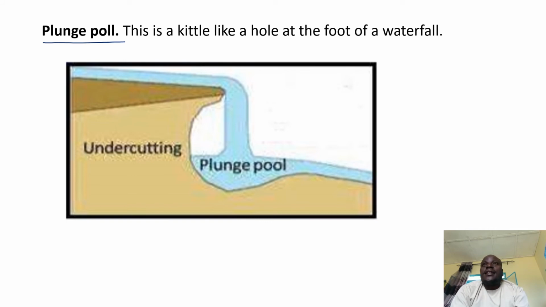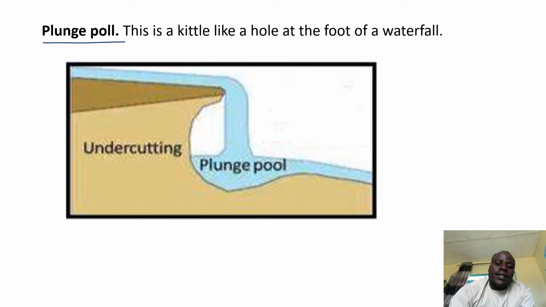Immediately at the bottom of the cliff or waterfall, because the water keeps on dropping there all the time, this water finally digs the bottom of a waterfall, creates a hole that has a shape like that of a kettle called a plunge pool.